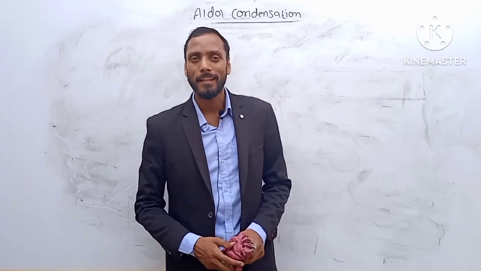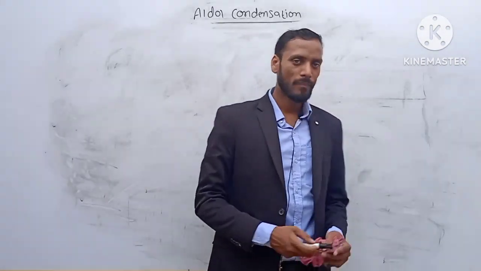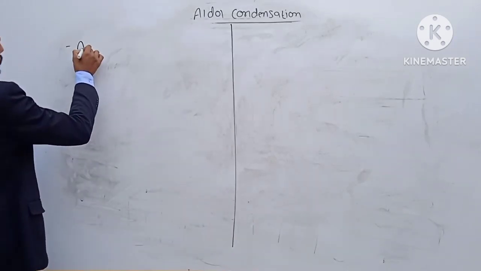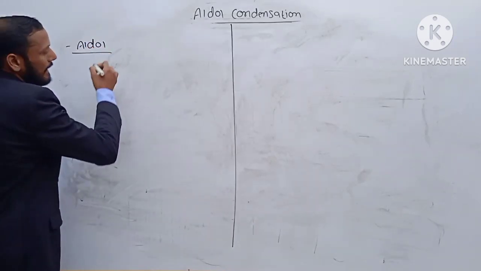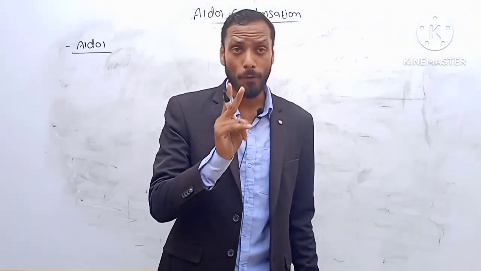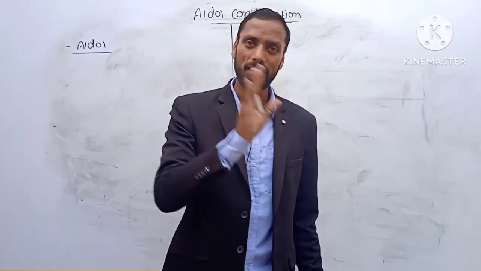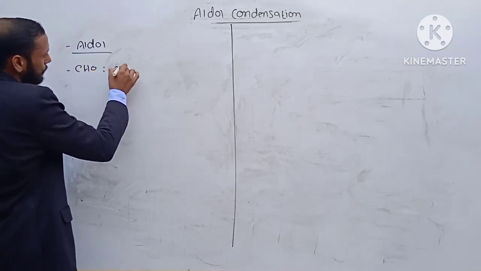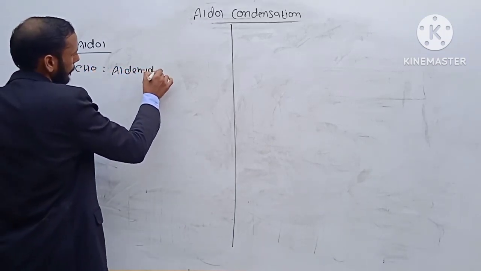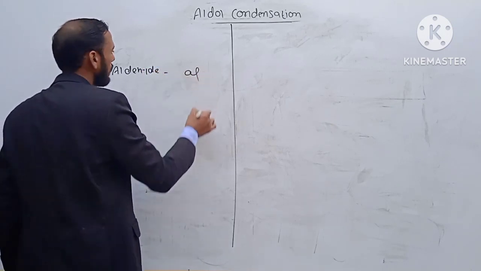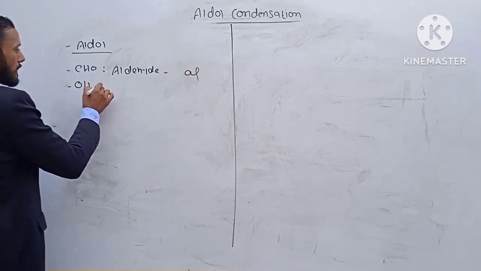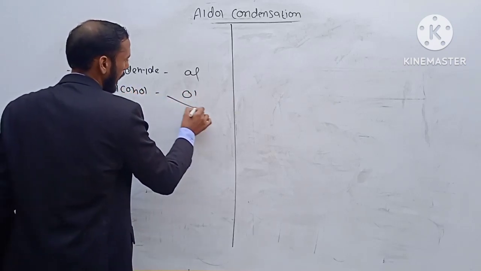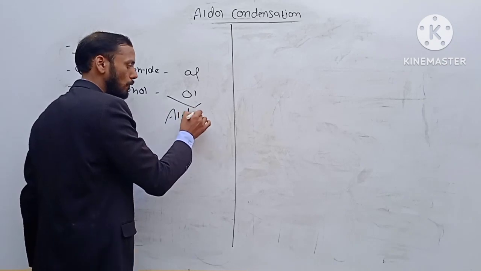Today we are going to learn about aldol condensation. Aldol came from the suffix of two functional groups, aldehyde and alcohol. Aldehyde has the suffix al, and alcohol has the suffix ol, and together they form aldol.